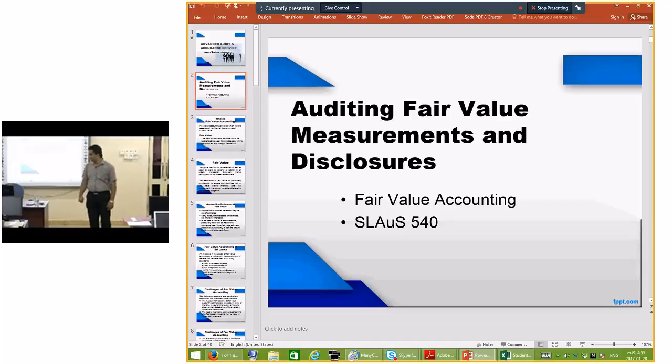So you understand the application of fair value in our financial statements, and what the requirement is from the auditor's point of view on fair value balances as well as accounting balances, right?